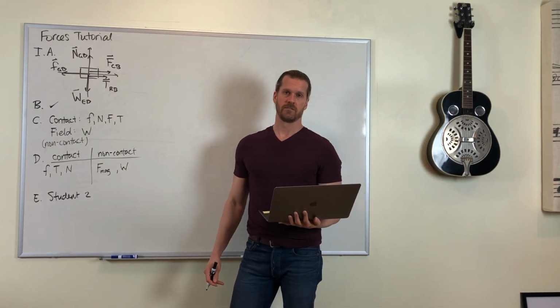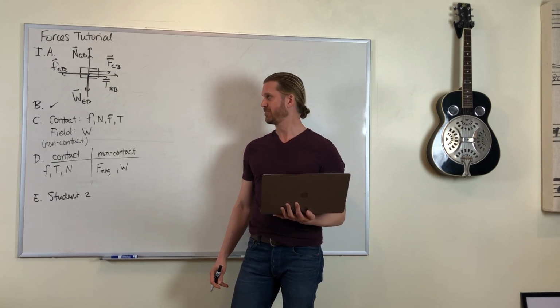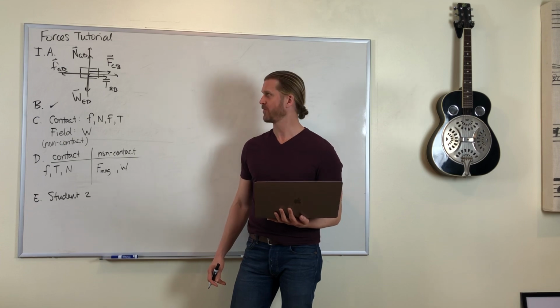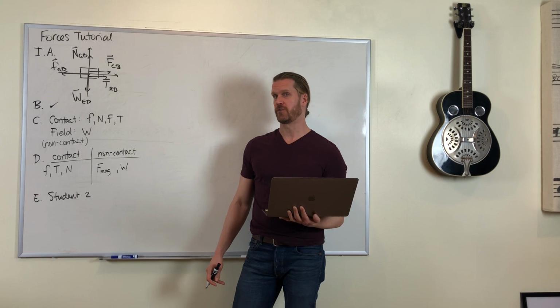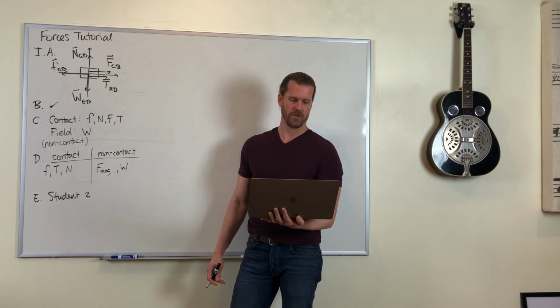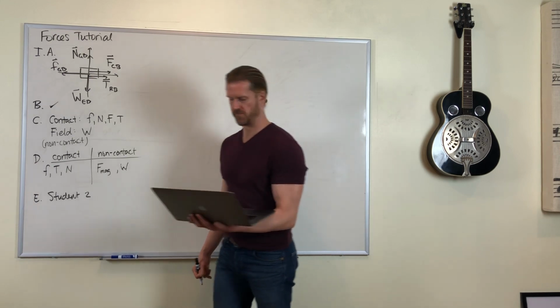Pam is not in direct contact with that block, Pam probably can't apply a field force or a non-contact force to that block. So as far as the block is concerned, it just feels the tension force with the rope. So we only include the tension force and not an additional force from Pam.